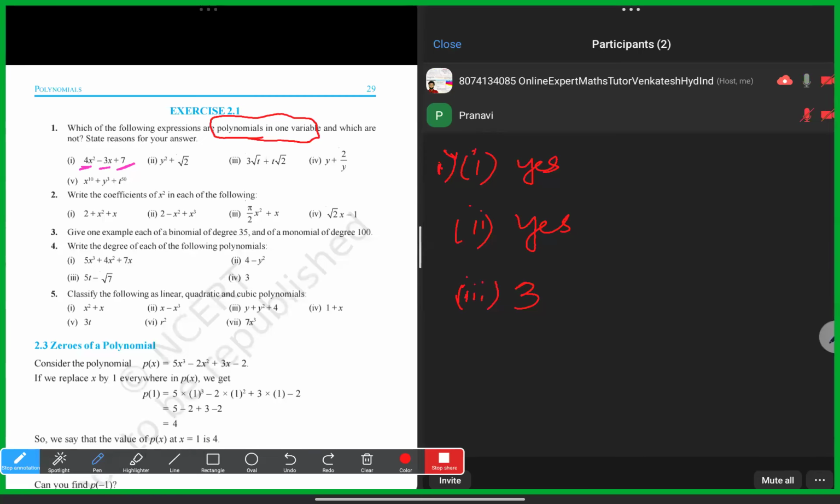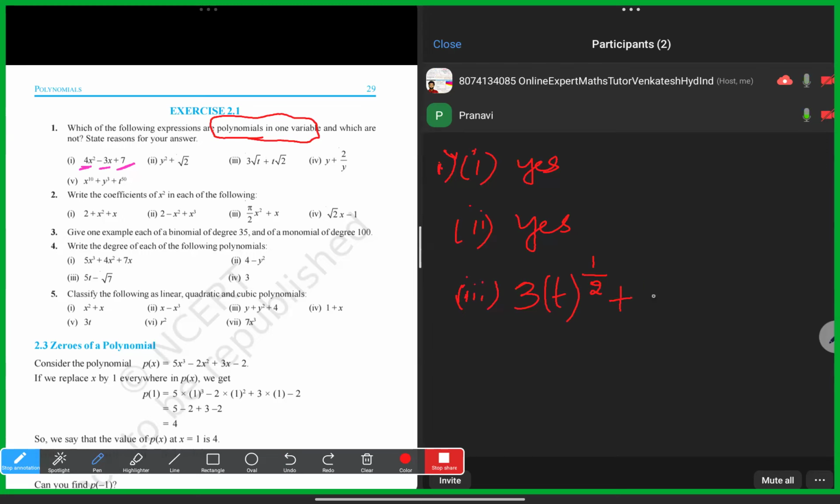So here if you observe Pranavi, root t is there. Root t means t power 1 by 2. Unless the t value is known particularly, we cannot tell this, because we have a power as a fraction for the variable.